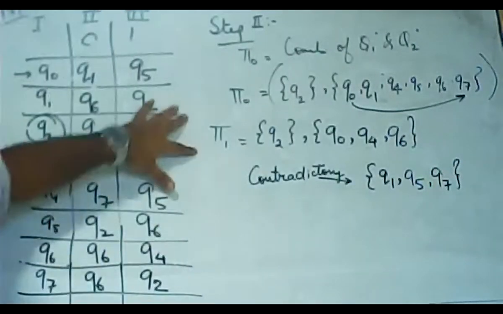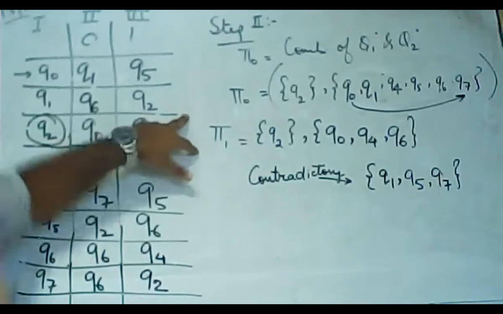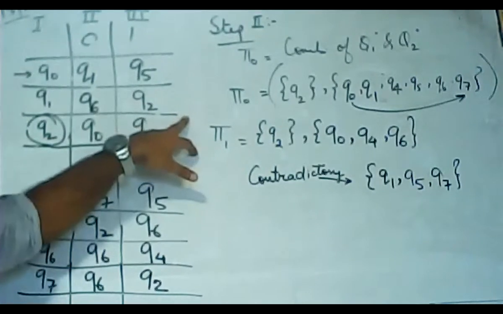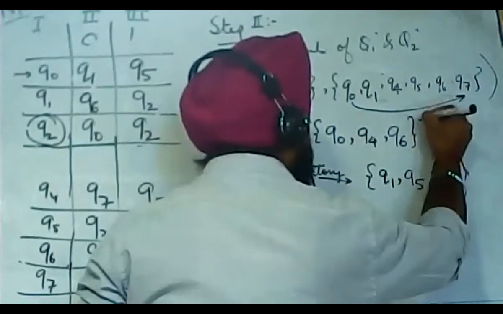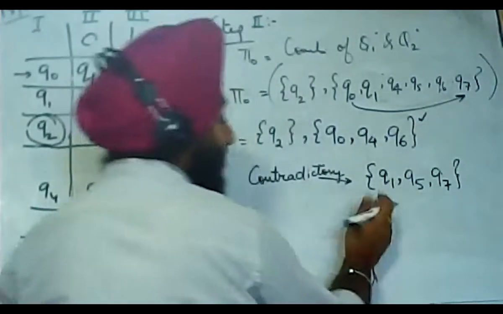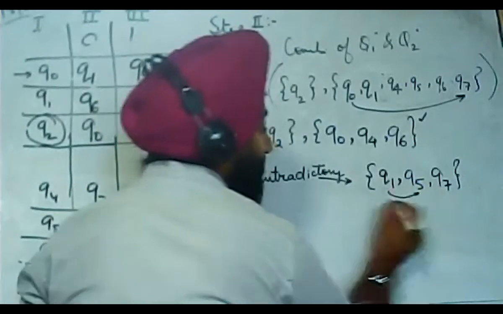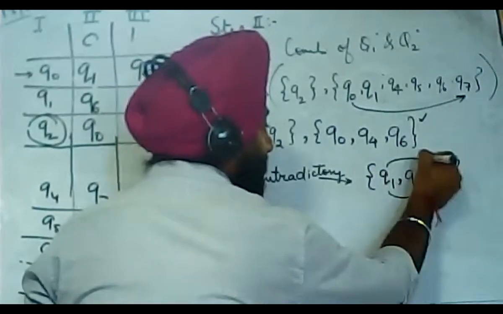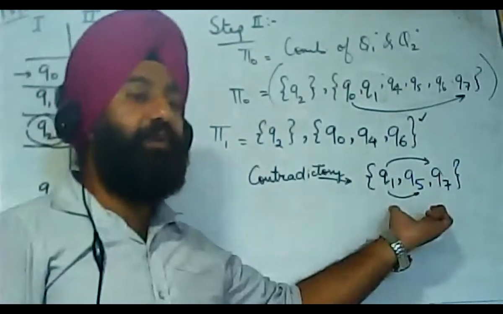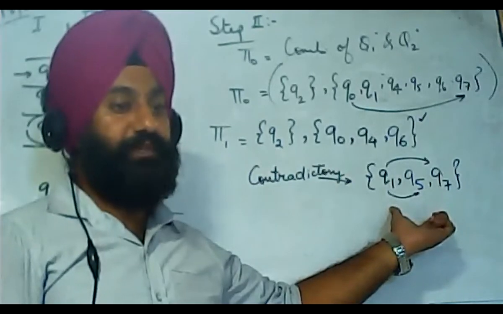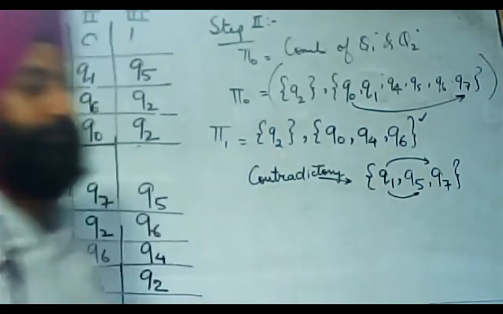Your pi 1 is not completed yet, right? So till this point you are okay, but again you have to make comparison between Q1, Q5, Q1 and Q7 because this is a set with contradictory states, right?